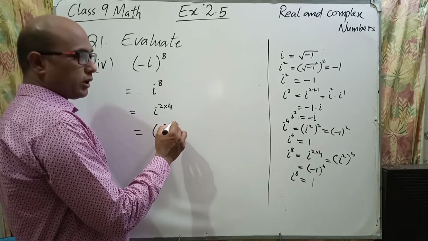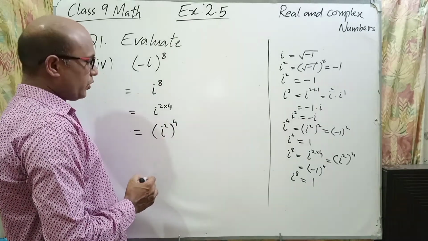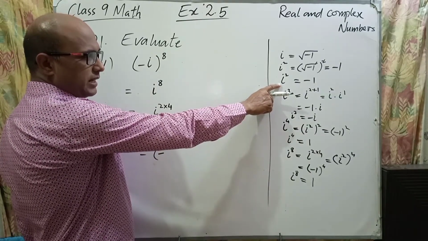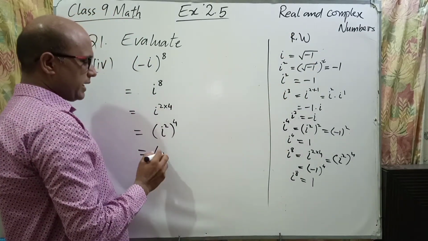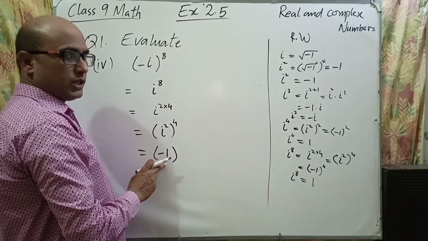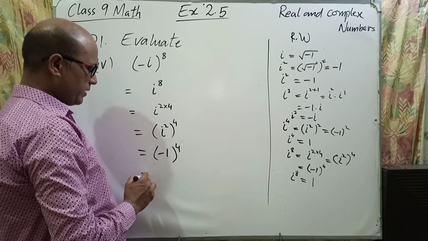Iota square whole power or exponent is 4, as we have done in the rough work here. Iota square is equal to minus 1. So in place of iota square, we'll write minus 1 and its whole power is 4.